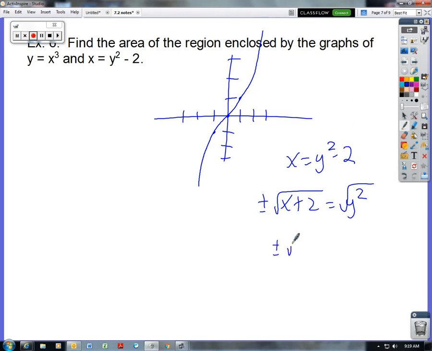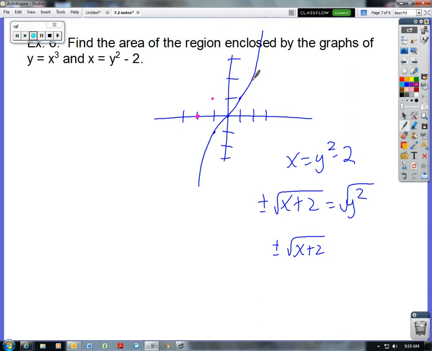So I've got plus or minus the square root of x plus 2. Root x is the parent function, and the plus 2 inside is going to move it left 2. So instead of starting here, it goes left 2, and the square root of 1 is 1, so over 1, 2, 3, 4, and up 2.